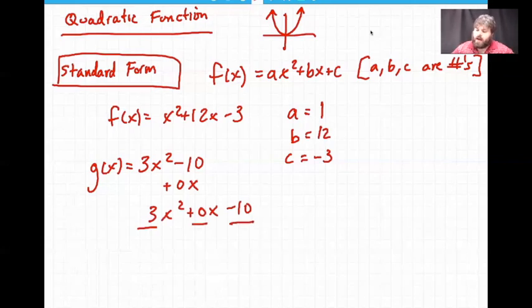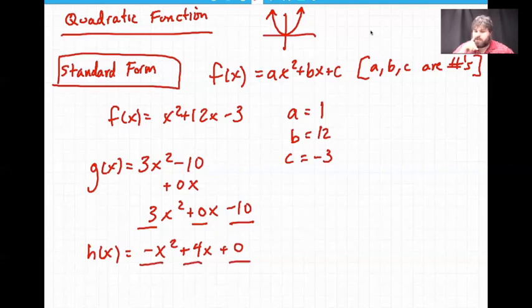Same thing if I had another function where it was negative x squared plus 4x, right? You'd have to add a 0 to the end here to see your c. A would be negative 1, b would be 4, and c would be 0. Also, it could be out of order. You could have 10 minus 3x squared, okay?